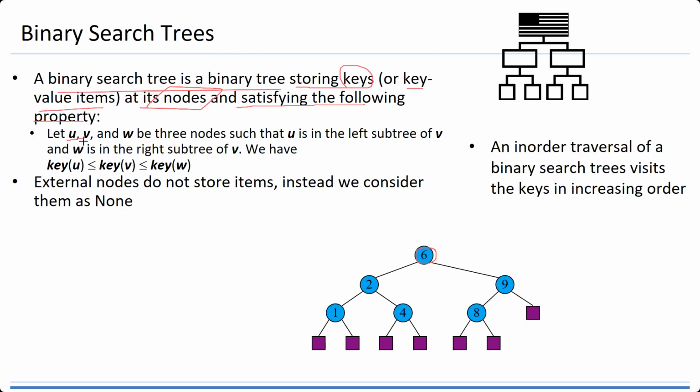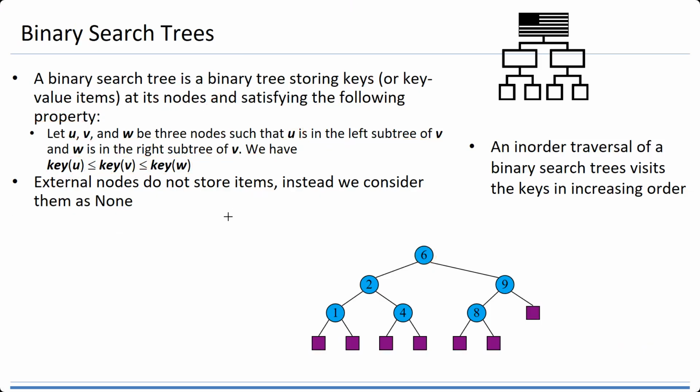Let u, v, and w be three nodes, where u is in the left subtree of v and w is in the right subtree of v. Then key(u) is less than or equal to key(v), which is less than or equal to key(w).